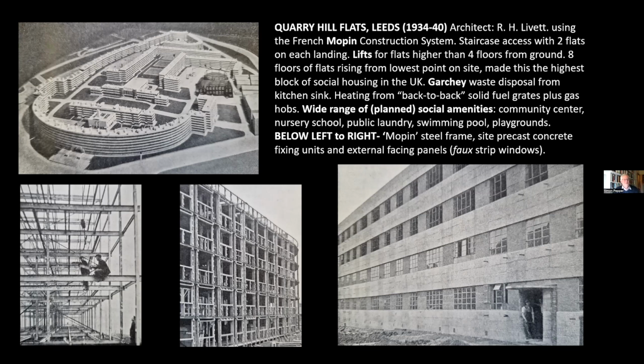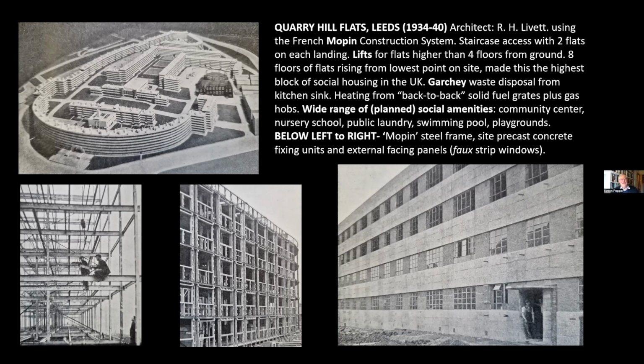Anything over 4 floors was developed using a staircase and lift system that served 2 flats at each level. And it was equipped with an exciting array of social facilities.